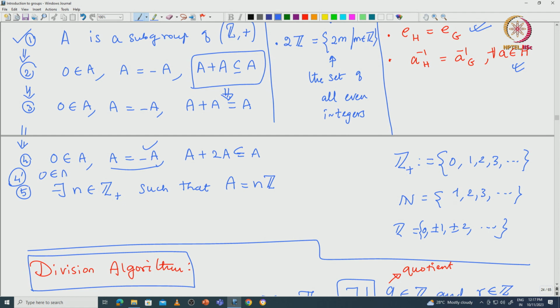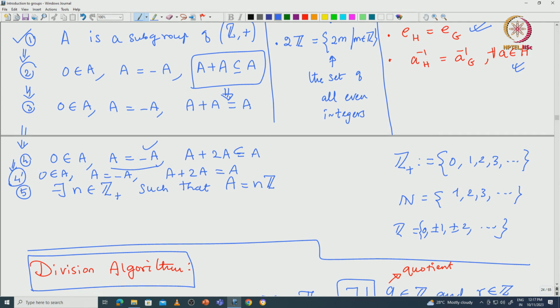So that is 0 is in A equal to minus A, and then A plus 2A is equal to A. Now 0 being in A is what implies A plus 2A subset of A immediately implies A plus 2A equal to A. Okay. So 4 implies 4 dash is also obvious.